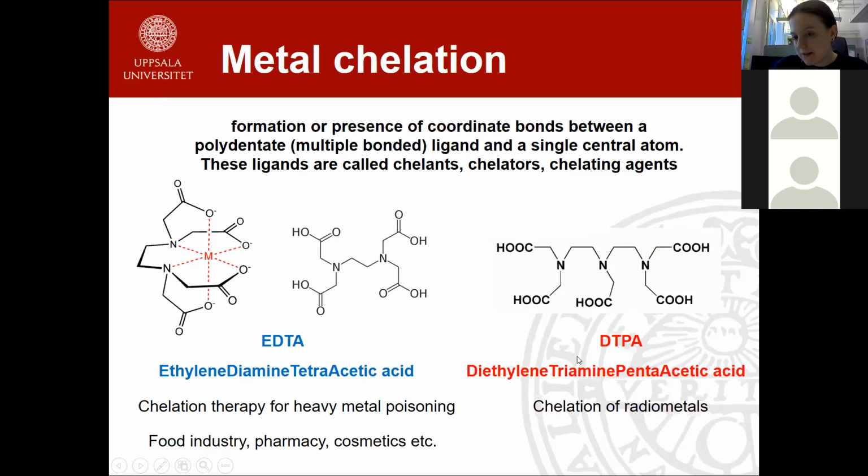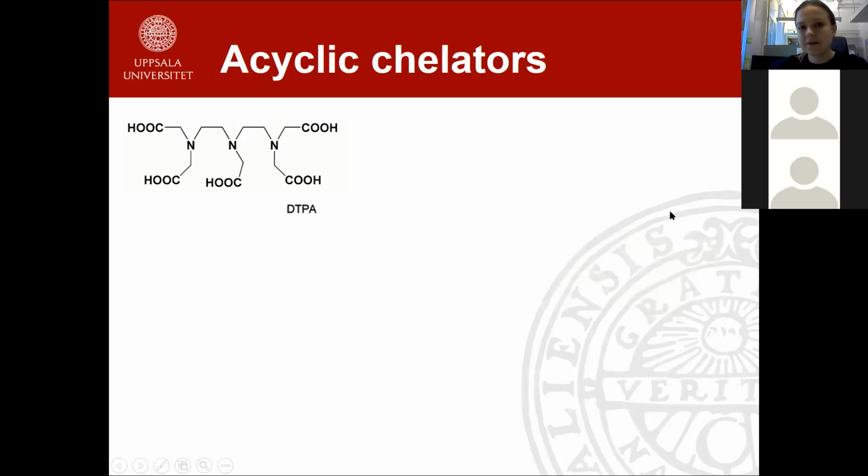So DTPA is a very common chelator for radiometals. And you see it's called an acyclic chelator. So there are cyclic chelators that form a cycle, and this is just a linear structure, so it's an acyclic chelator. So these are the examples of acyclic chelators.